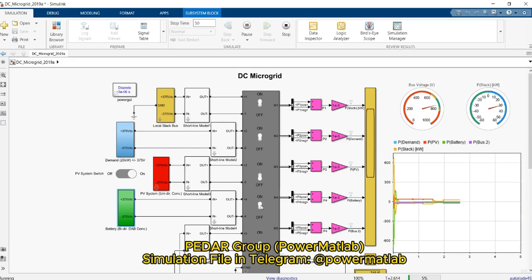For example, if I turn off the slack bus or disconnect it from the DC power system, as you can see, instability in voltage starts and the output power of the slack bus is 0, and for a short time interval the battery tries to control the voltage.